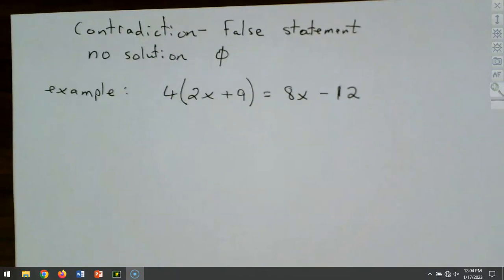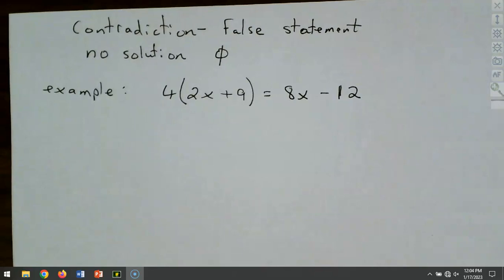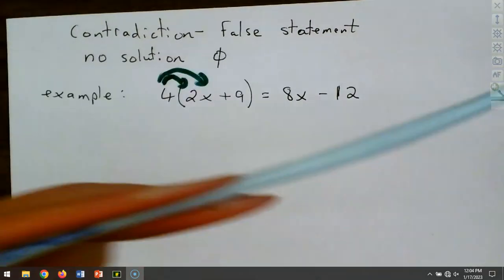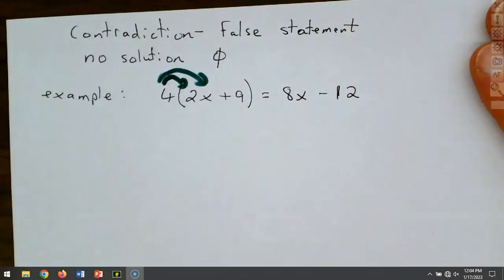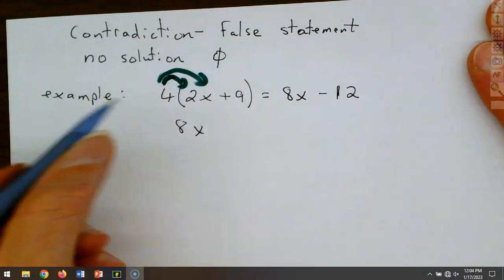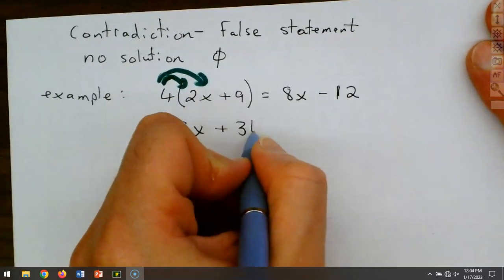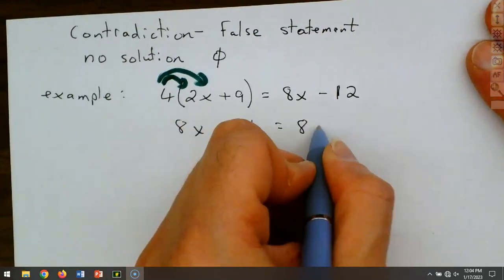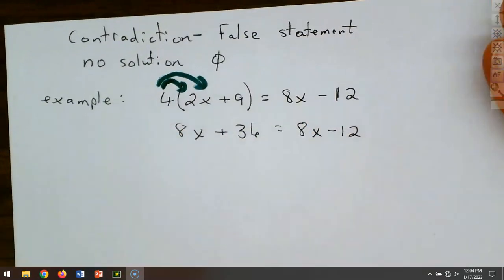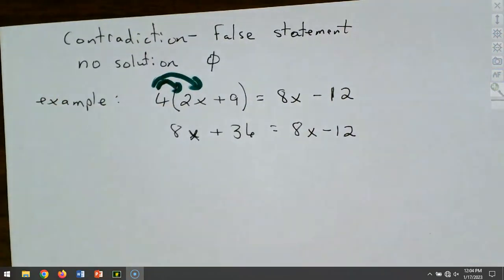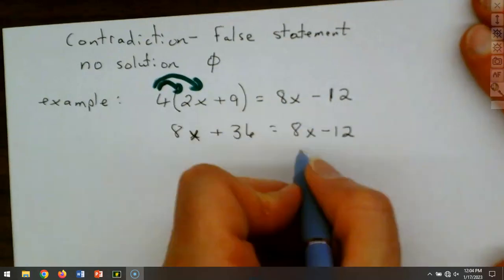It's not going to be an identity because they're not going to be the same, because when we distribute this 4 through, we get 8x, and 4 times 9 is a 36, and the other side is an 8x minus 12. Now, unlike the identities, what happens when I try to move that 8x over? Well, when you move that 8x over, it's going to make the variable disappear.